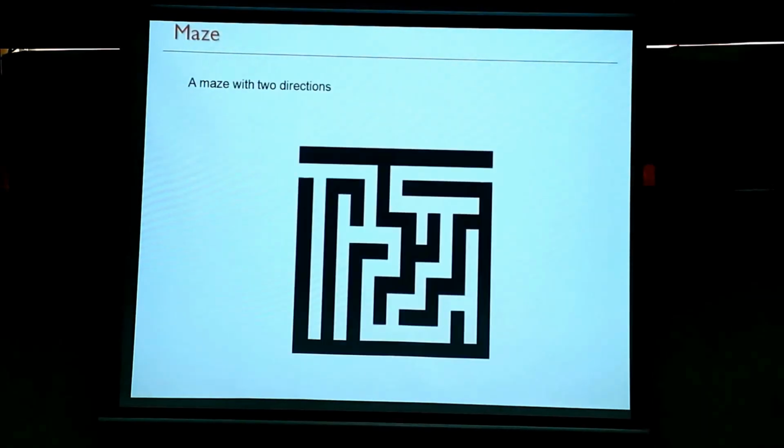So maybe this is an example of a maze, and this is the route. You start from here and you have to go here, and maybe one possible route is like this.